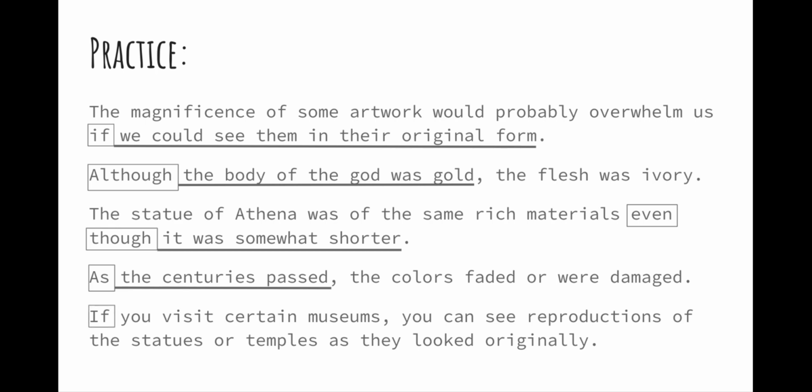If you visit certain museums is your first dependent clause. It's connected to the independent clause, you can see reproductions of the statues or temples. Now your second dependent clause starts with the conjunction as. As they looked originally is your second dependent clause. So you can see that having two dependent clauses and one independent clause joined with those conjunctions gives much more depth to your writing.